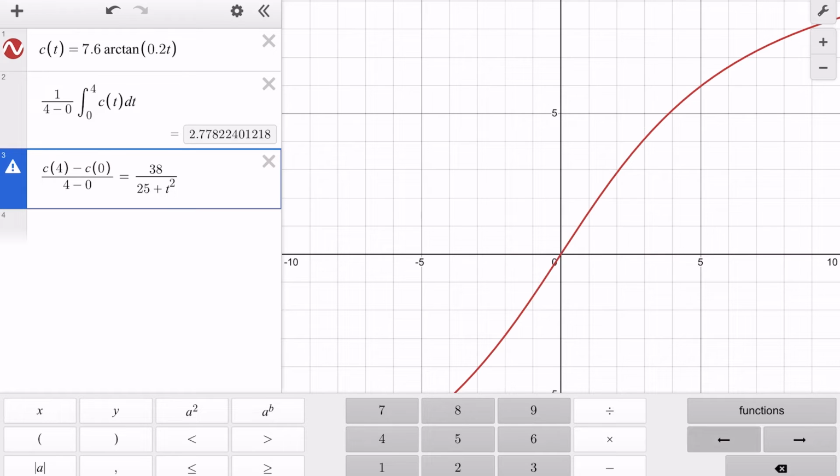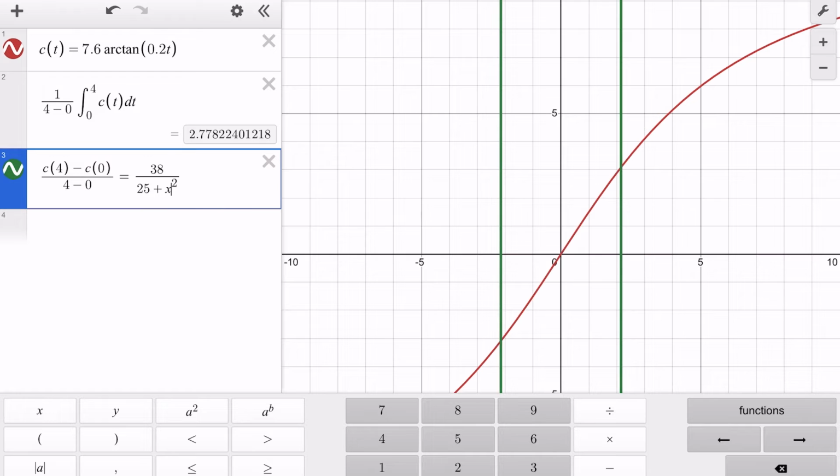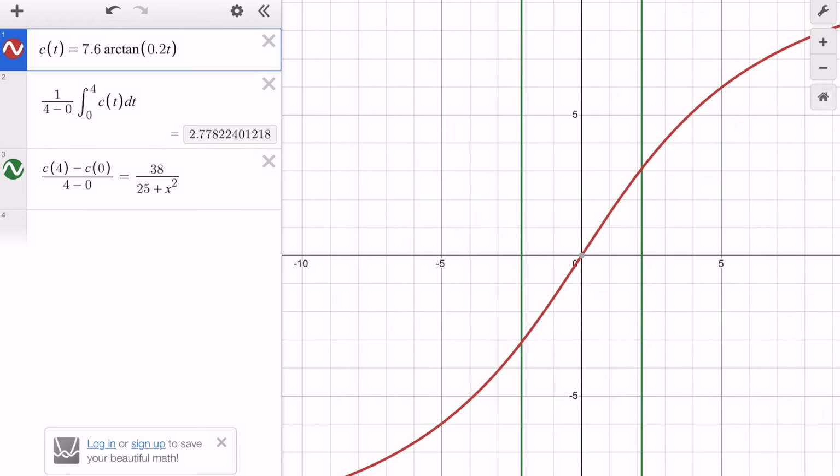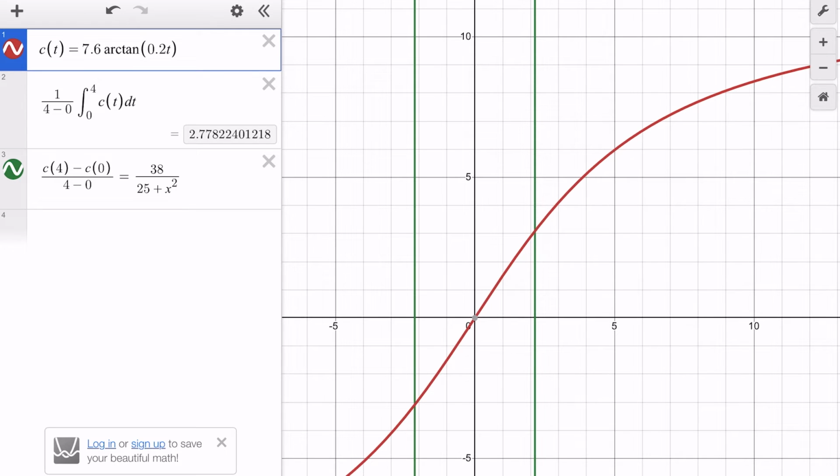Do I have to do x? Okay, so we can find the intersection here, which is 2.14.